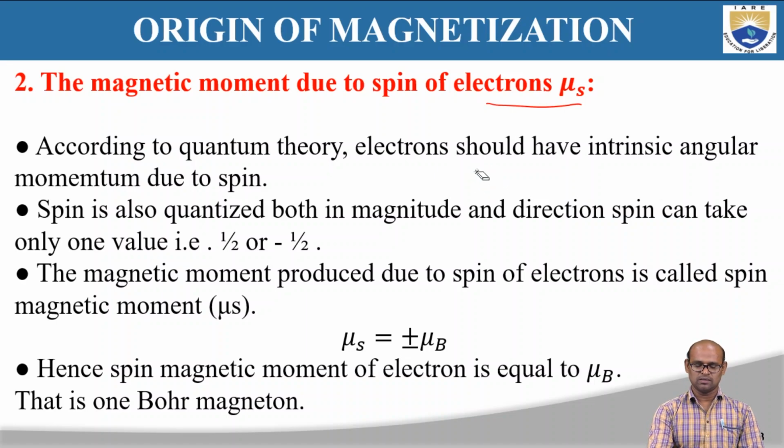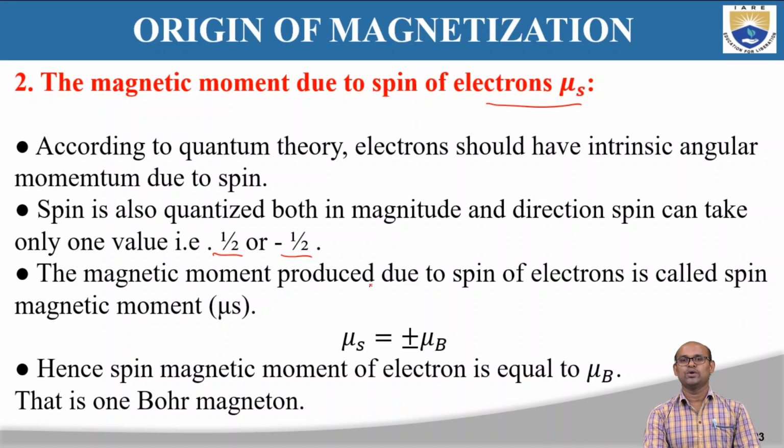So based on the orientation or rotation of the electron about its axis, the value of its spin is quantized, and it can be either plus half or minus half.